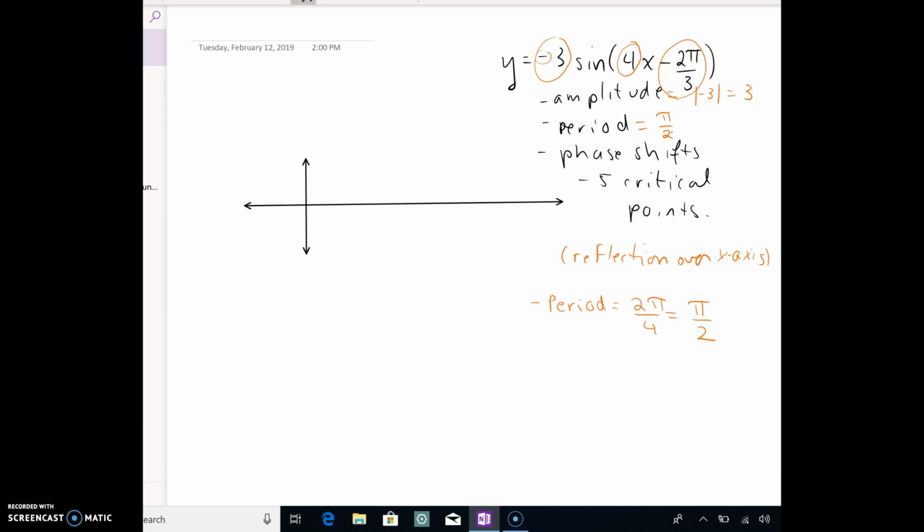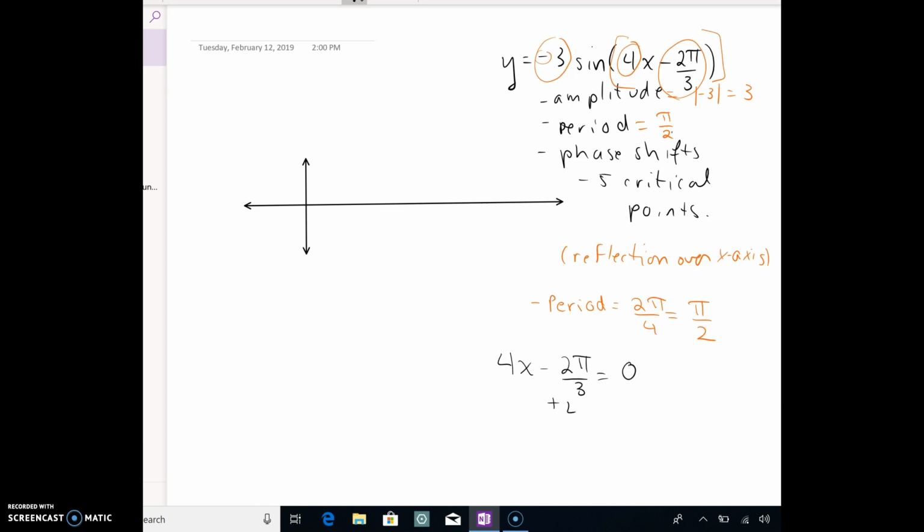In order for us to figure out exactly what it's going to look like, instead of sine starting at 0 and ending at 2 pi, we're going to find the new starting point and the new ending point of sine. The way that we do that is we set the argument equal to 0, and that's going to help us find our first endpoint. So we have 4x minus 2 pi over 3 is equal to 0.